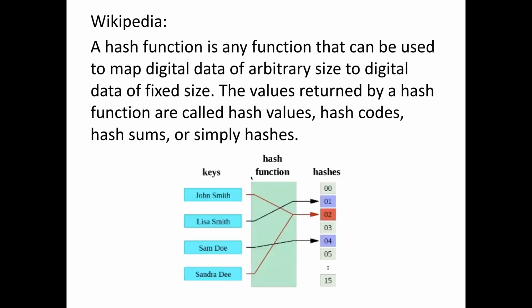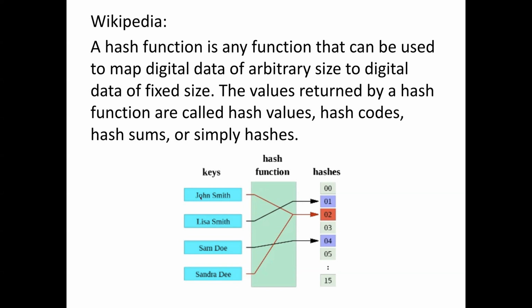Okay, from Wikipedia, you can see a definition of a hash function. A hash function, just like in this picture, is basically a function, something that maps input to output, right? In this case, the input we call keys.